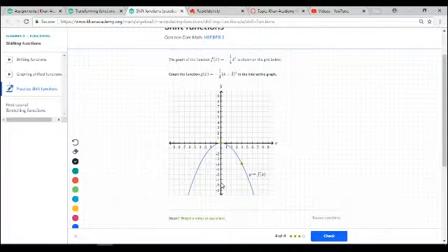And then we're shifting x plus 3 squared, which means that's going to be left 3. So when we go left 3, we go 1, 2, 3.